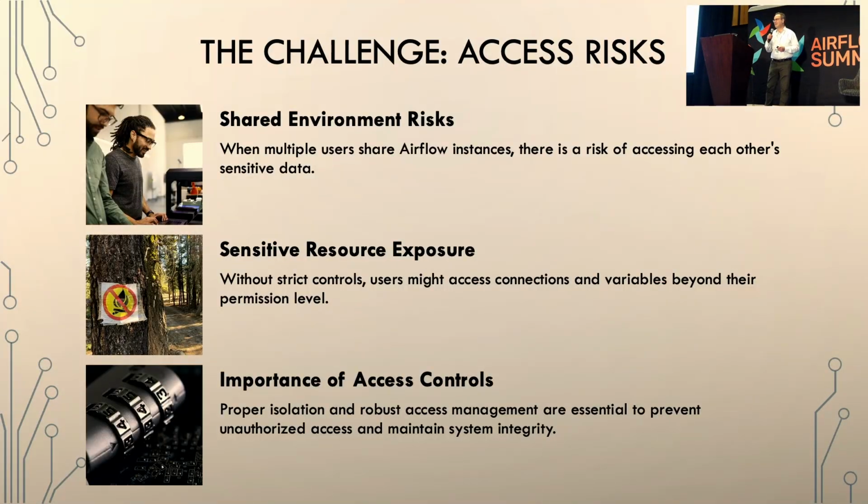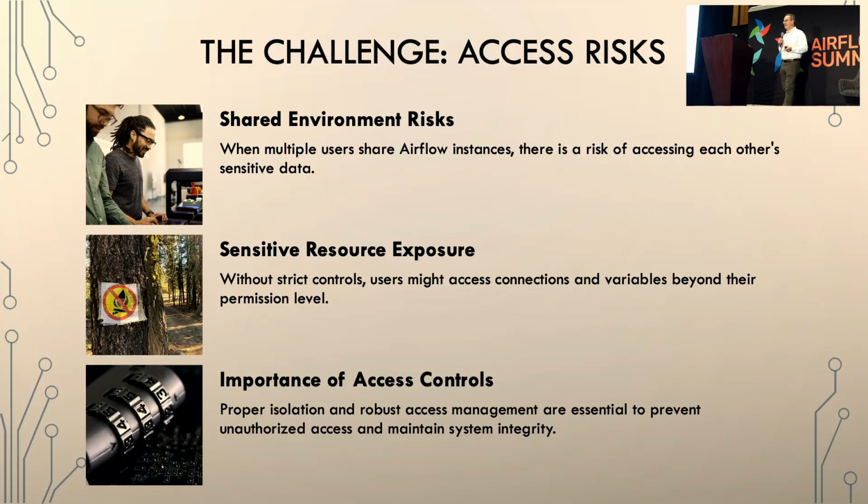Now, the last thing I want to go over, and this is to spark conversation with anyone afterwards if they're facing the same problem, is what we are contending with on our access problems. Because we don't have very clear multi-tenancy within a single Airflow deployment, we have the risk of having people access secrets and connections that they shouldn't have access to.